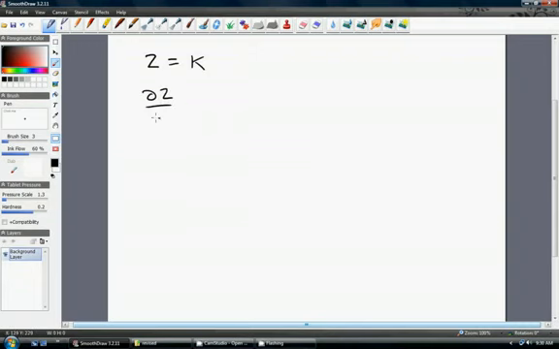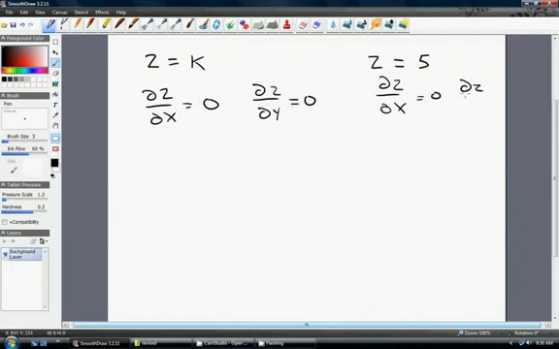So the partial derivative of z with respect to x will be 0, and the partial derivative of z with respect to y will equal 0. Okay, so not too bad. So if z equals, let's say 5, partial derivative of z with respect to x is 0, partial derivative of z with respect to y equals 0.